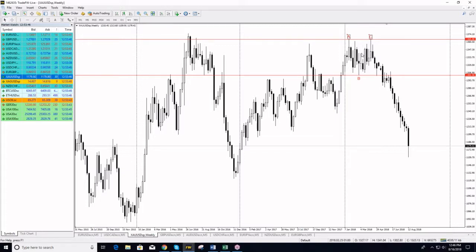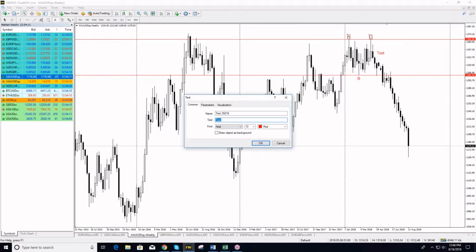So if we take the highest level of the pattern, which was 1,365, and we minus 1,302.50, we see that the vertical distance is $62.50. That's very important to write it down. So I will write here that vertical target is $62.50.